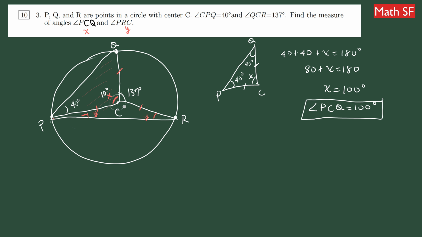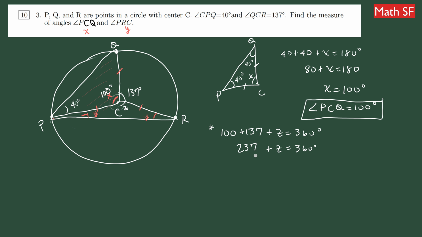So let me call this angle C. So I know that 100 plus 137 plus C should equal 360 degrees. Now we're going to add these two up: 237 plus C equals 360 degrees.